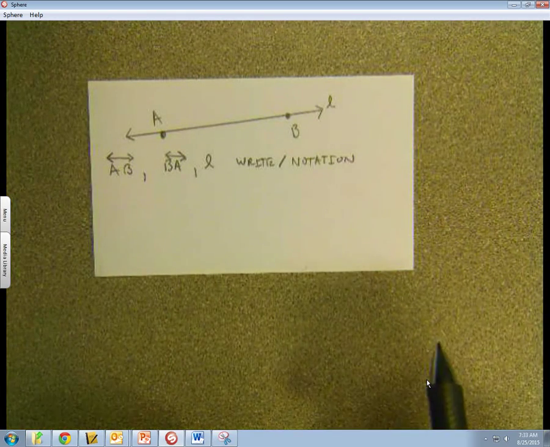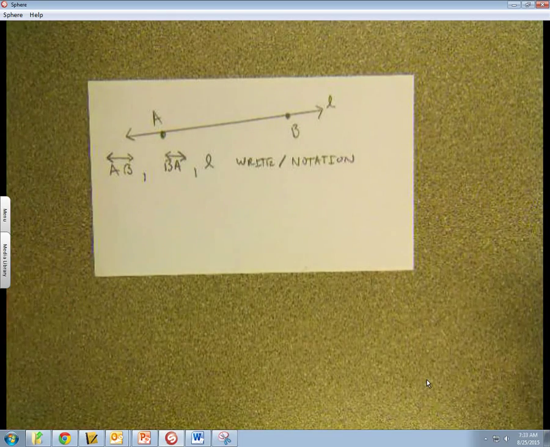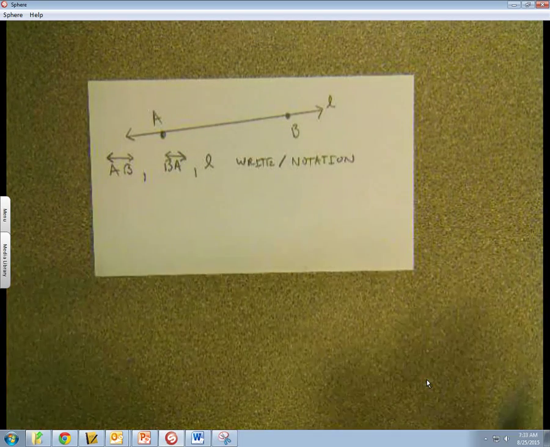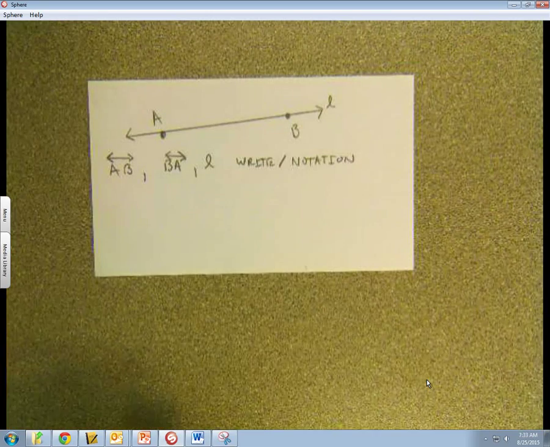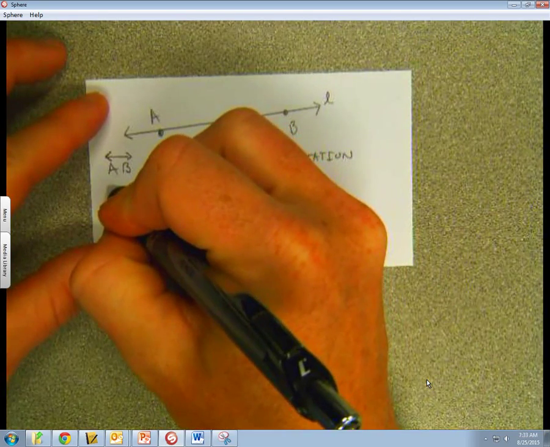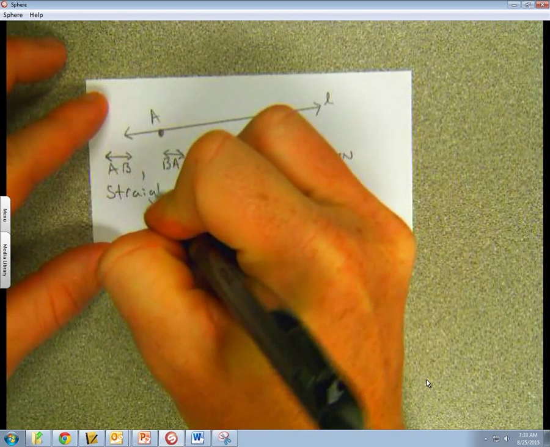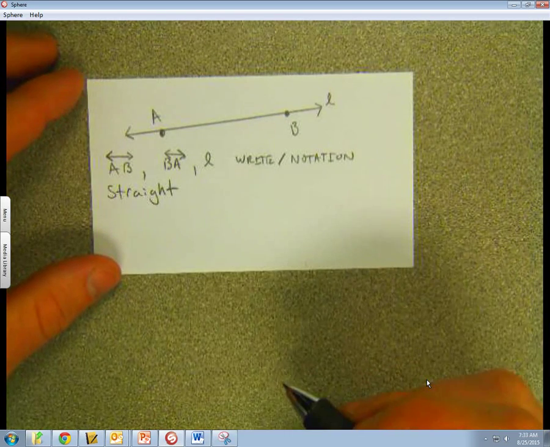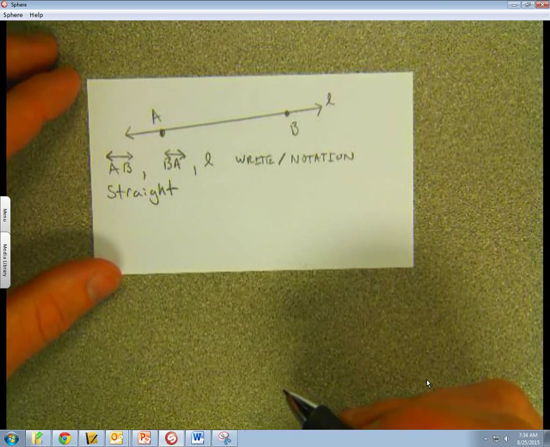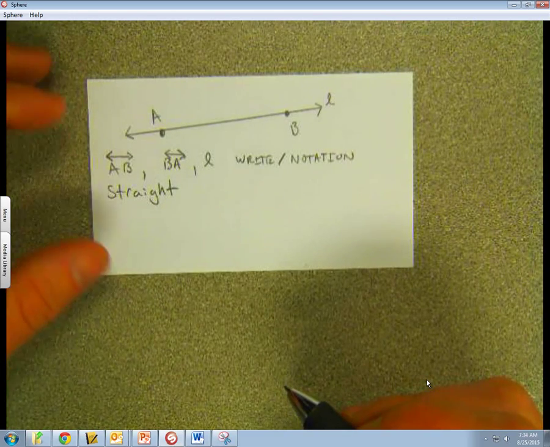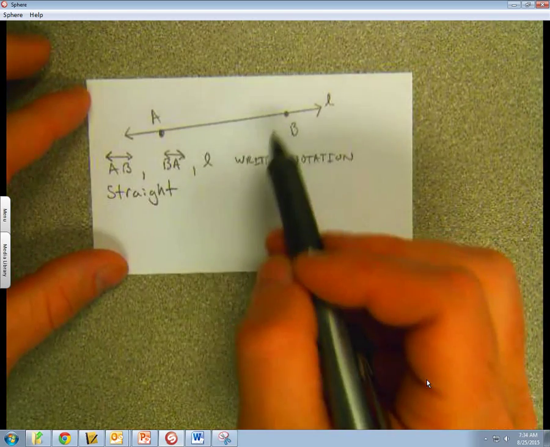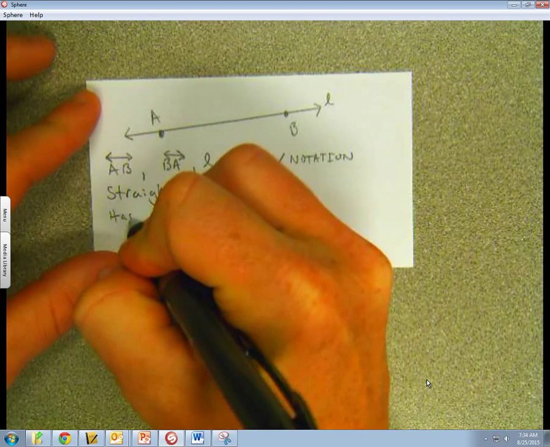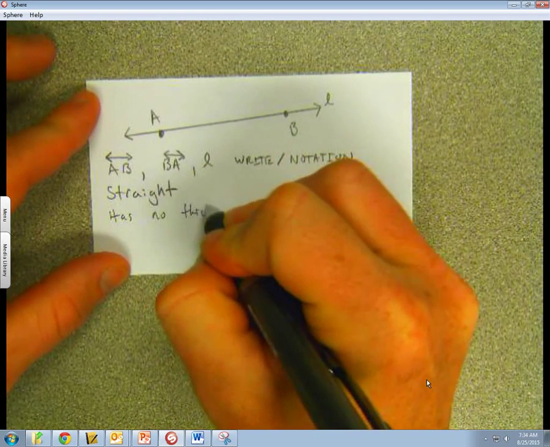Properties. Well, what do we notice about the line? Well, I had you use the straight edge because a line is straight. Alright, and very much like the points, instead of having no size, it really has no thickness. Okay, we're not defining a sidewalk or anything like that. It is something that just connects 2 points.